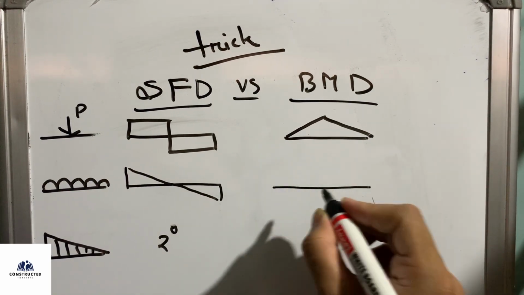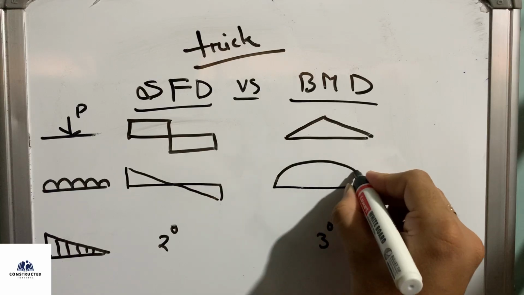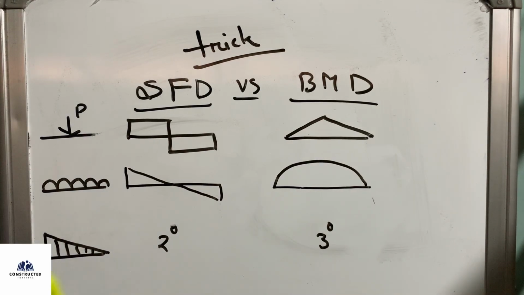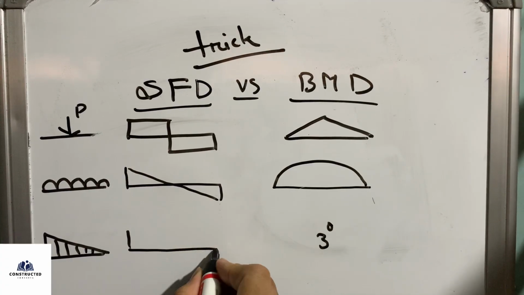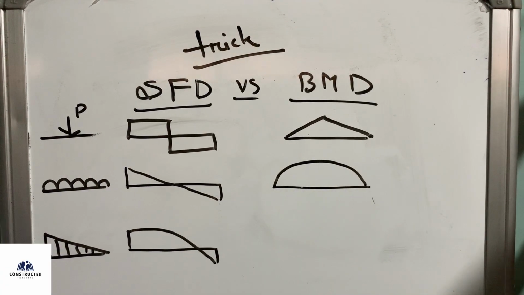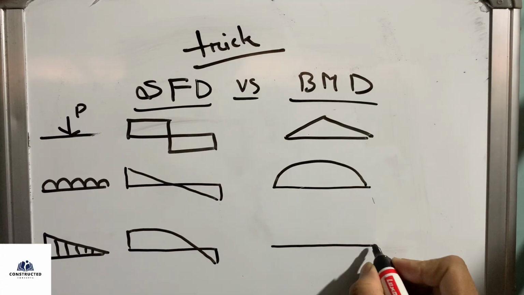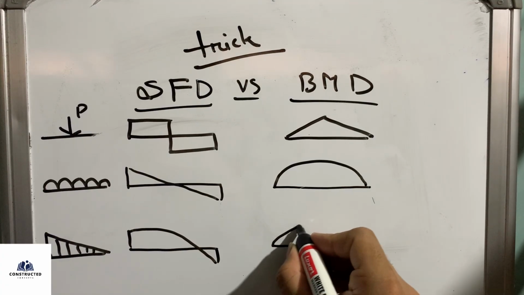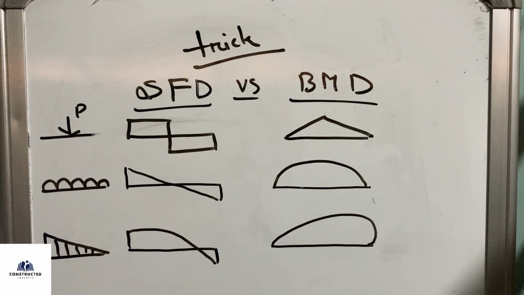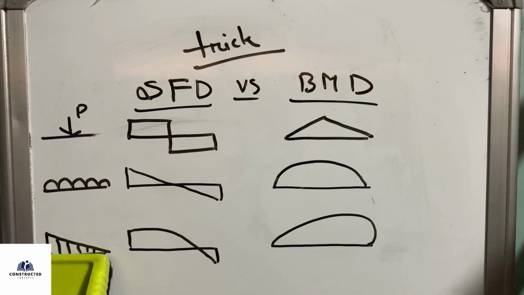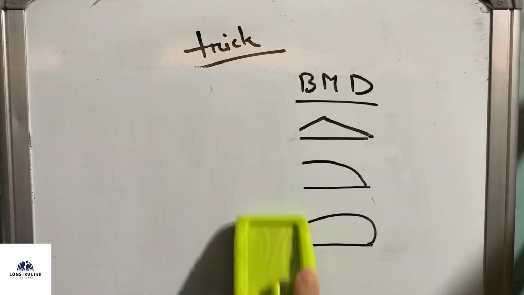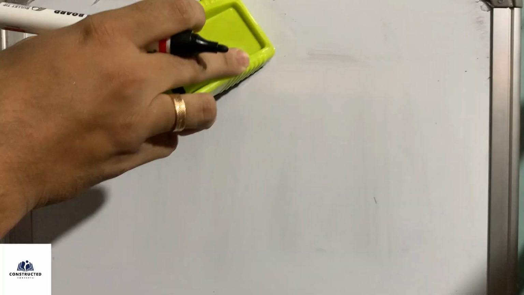And for 2 degree, it will be parabolic. Then 2 degree for the shear force diagram in the case of uniformly varying load is parabolic, and 3 degree is cubic parabola. The short trick is 0 degree for constant, 1 degree for linear, 2 degree for parabolic, and 3 degree for cubic parabola.